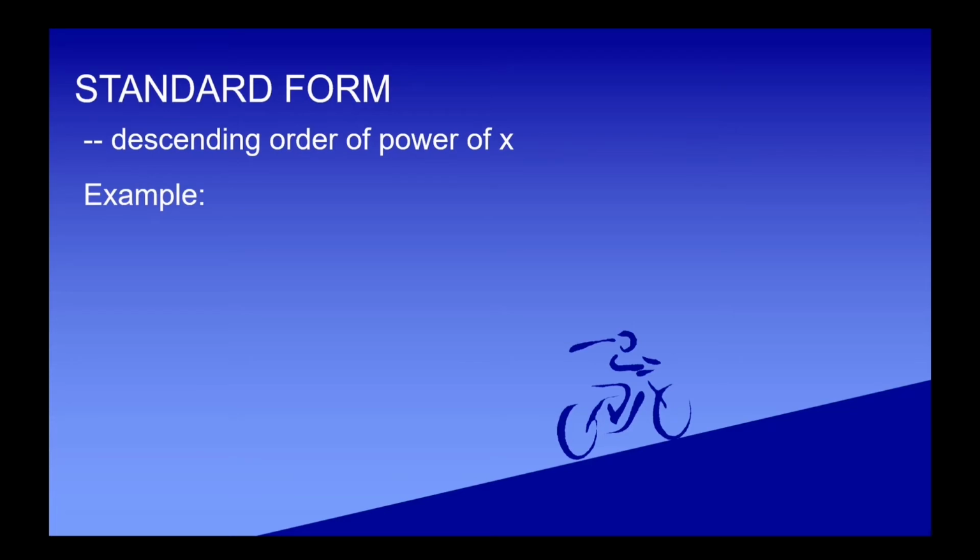For example, our given function is f(x) = -4x^3 + 8x^4 + 2x + x^2 + 22.